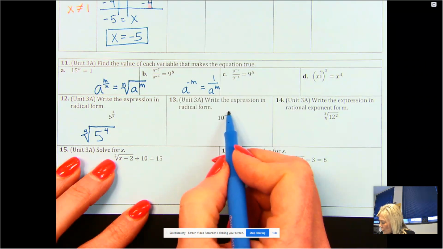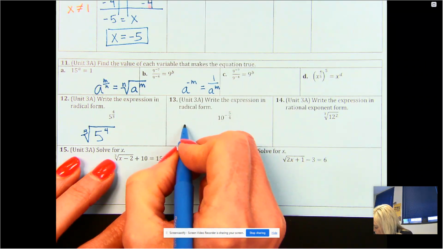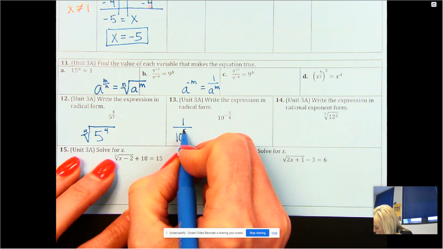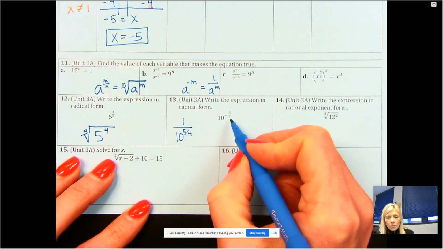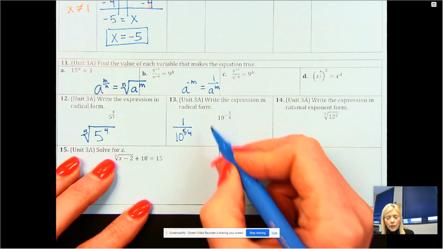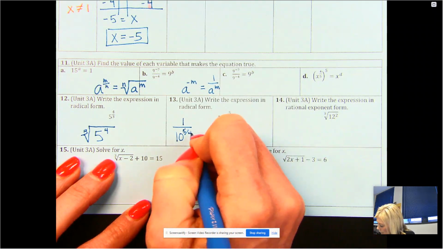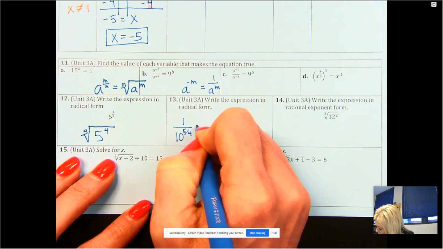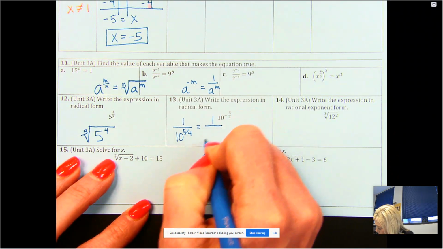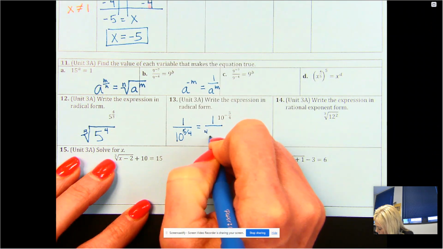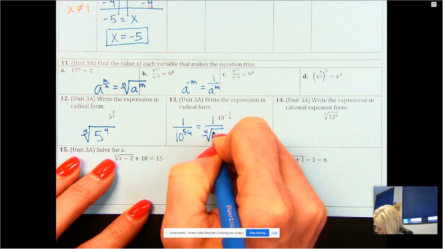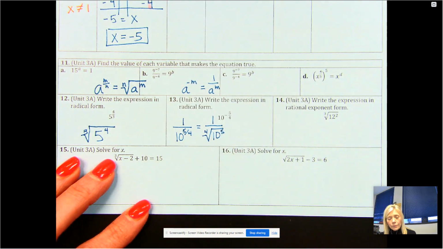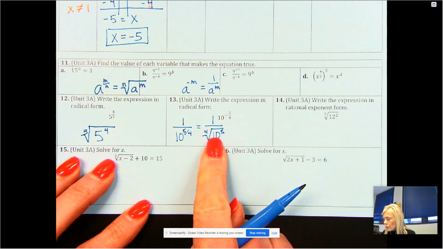And so I'm going to start by just making this into a fraction. 1 over 10 to the 5/4. So I just made the 5/4 positive by creating the fraction. And then just do the work like with the root. So this is 1 over the 4th root of 10 to the 5th. And that's the final answer there.